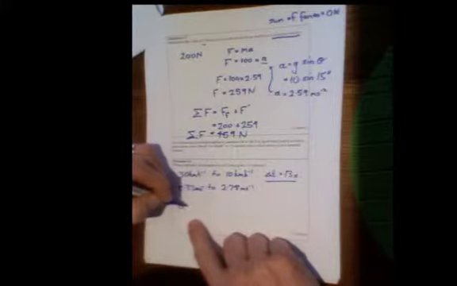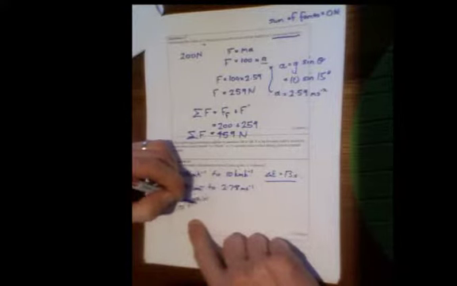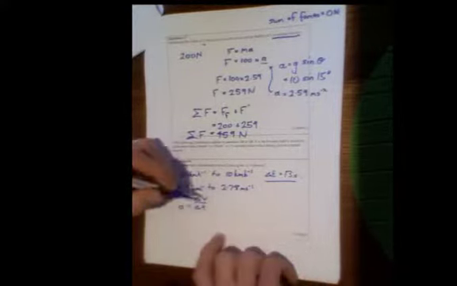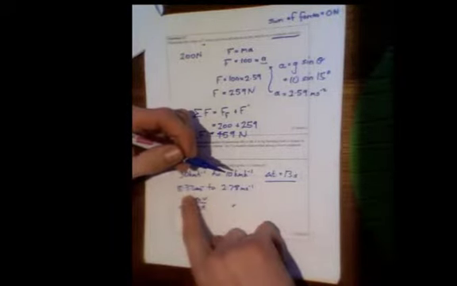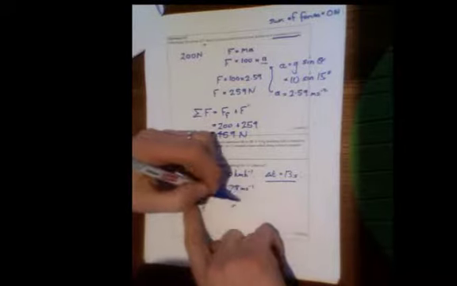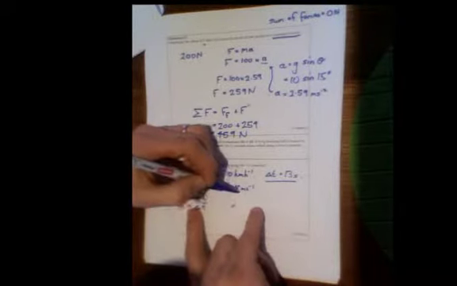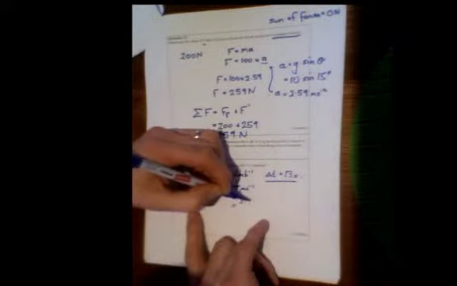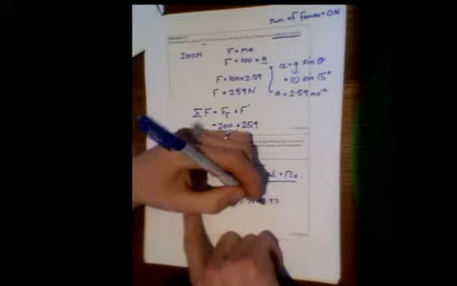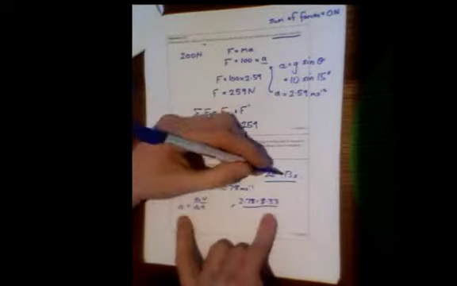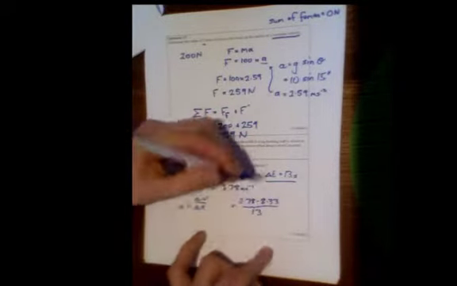So, acceleration is change in velocity over change in time. The change in velocity is final minus initial. Right, so final is 2.78 minus initial is 8.33. Delta T is 13.